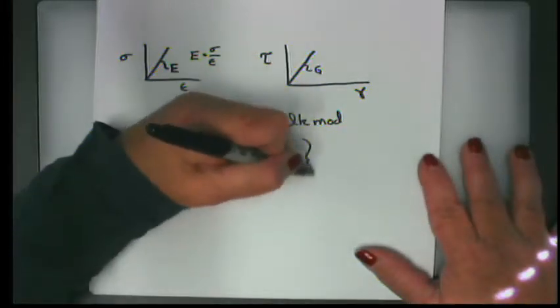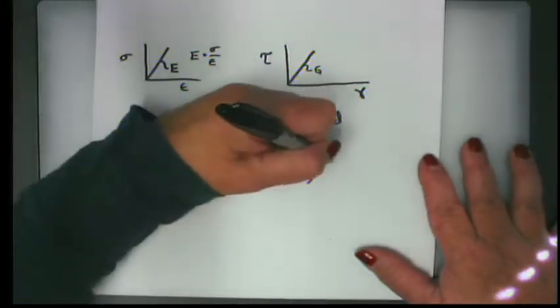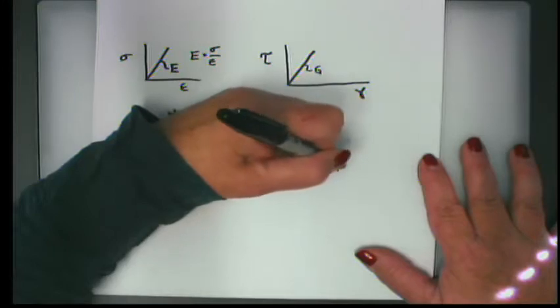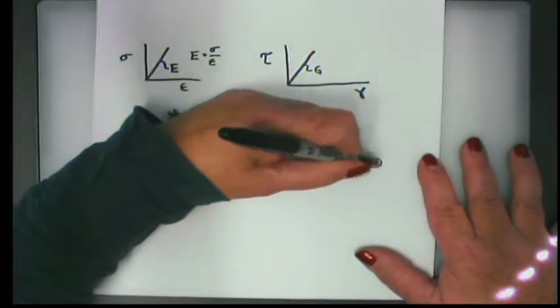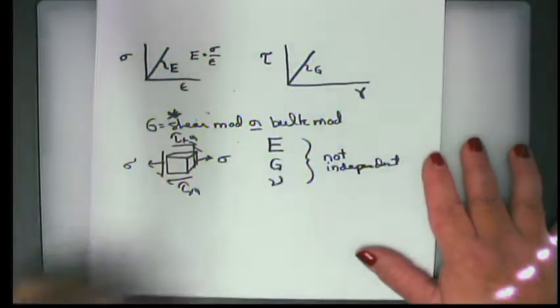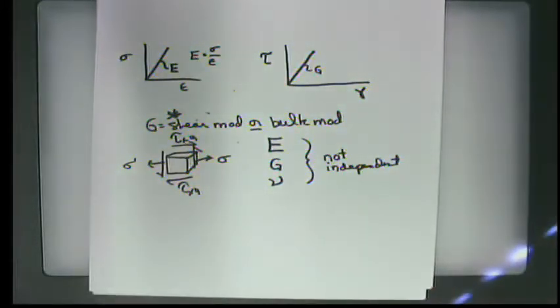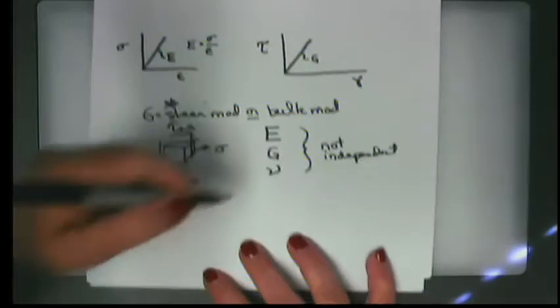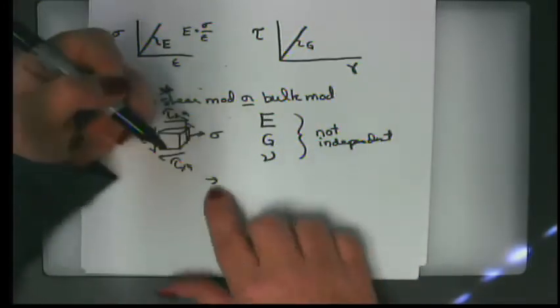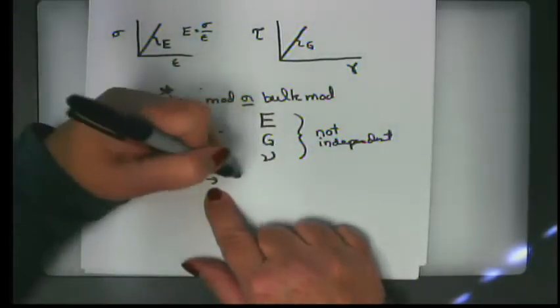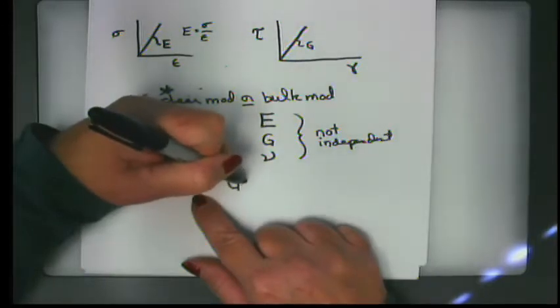So it may stand to reason that these three things are not independent of each other, that they are related to each other, and basically it turns out that if you know two of them, you also know the third. So for a normally behaving material, I'm not going to go through the derivation with you, I'll just present this.